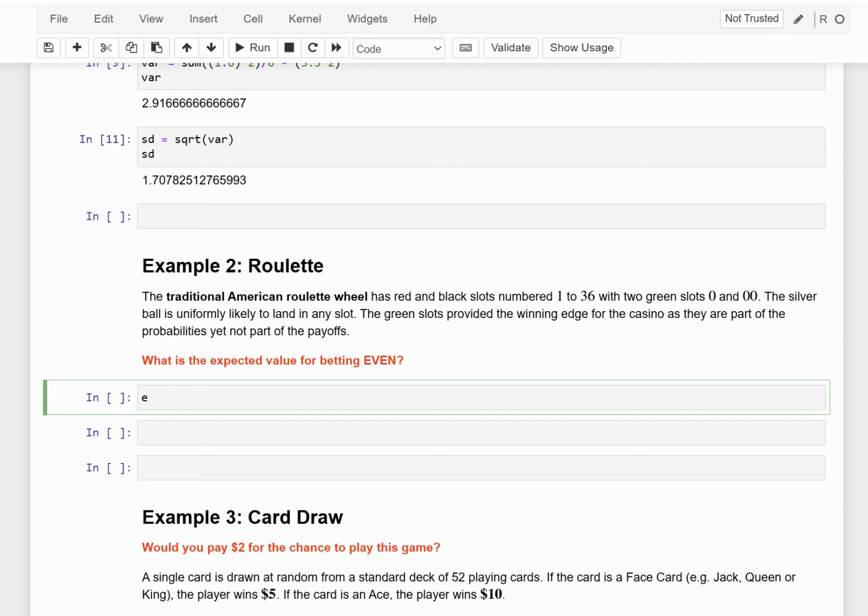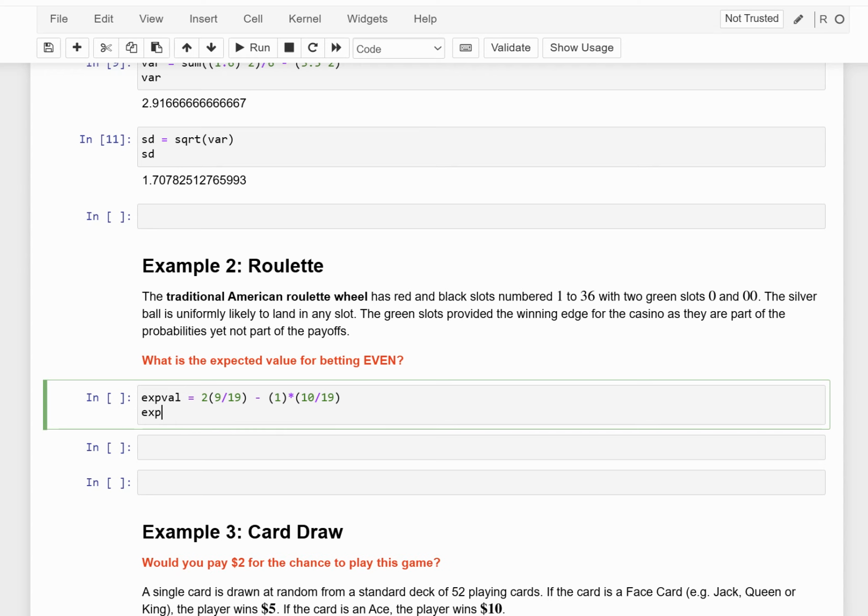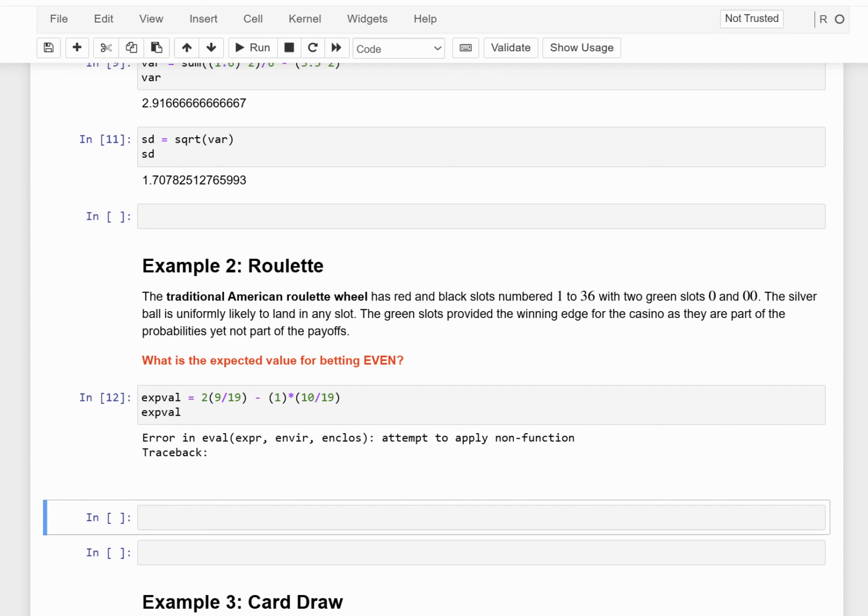So our expected value is going to be 2 times 9/19, right? The probability of success is 9/19 minus, and I'll put the 1 in there. But remember that the chance of not having a success is 10/19.